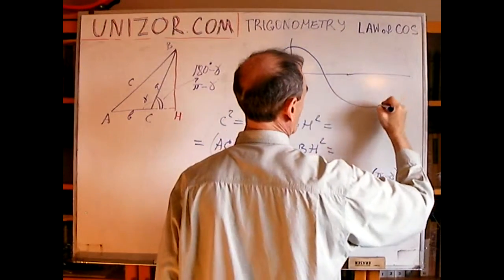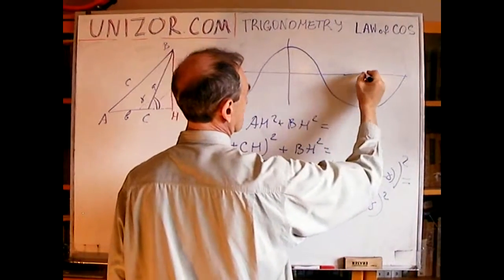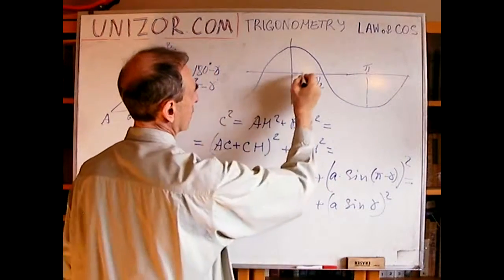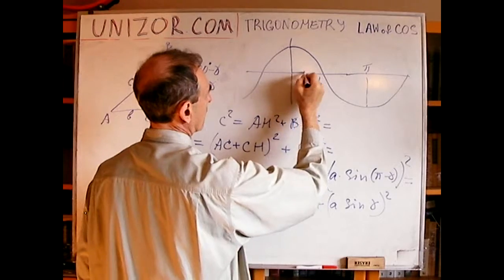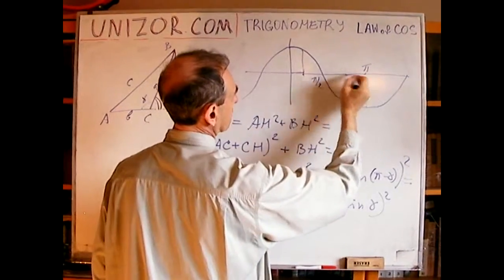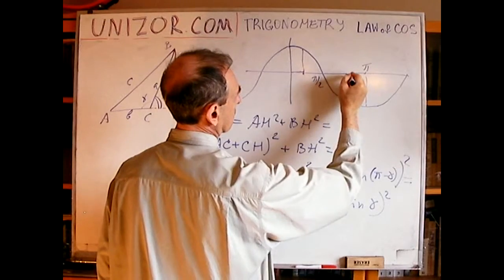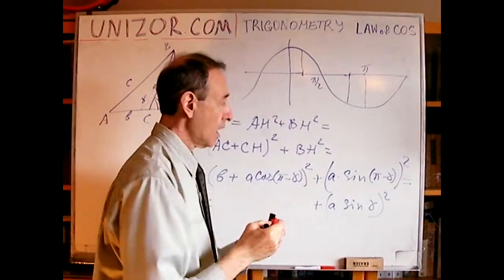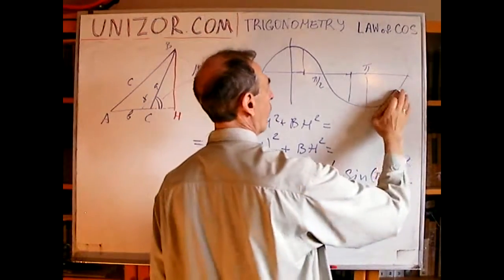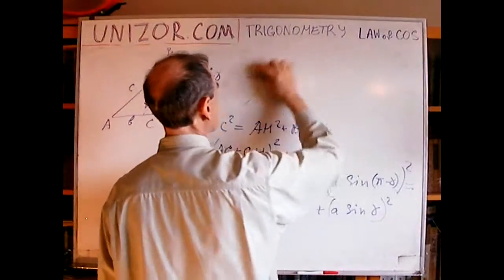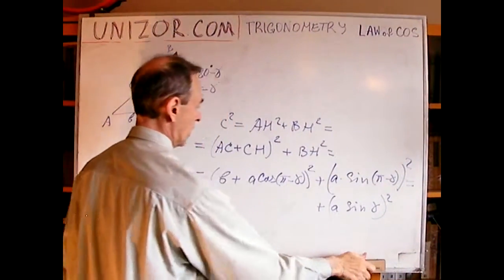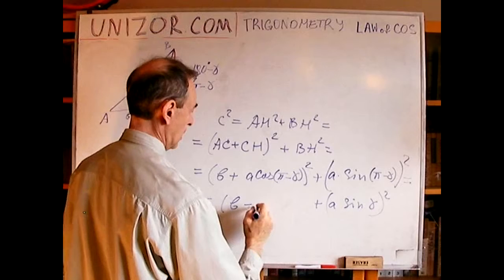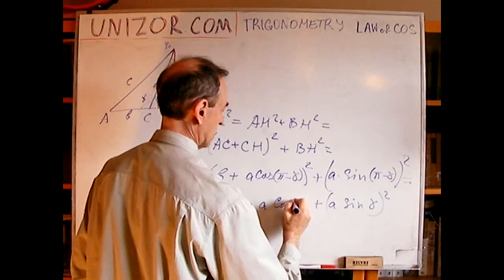This is pi over 2, this is pi. So look, if you have an angle here, this is a cosine. If you put the same segment here, you have exactly the same height, but on the negative side. So either through the unit circle or through the graph, you can always say that the cosine of pi minus gamma is minus cosine of gamma. So this is equal to B minus A cosine gamma.